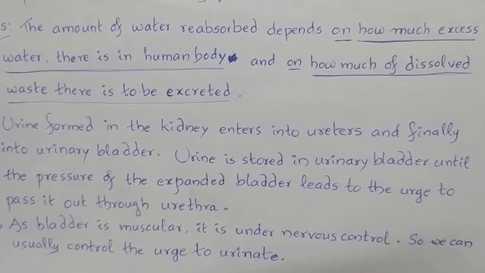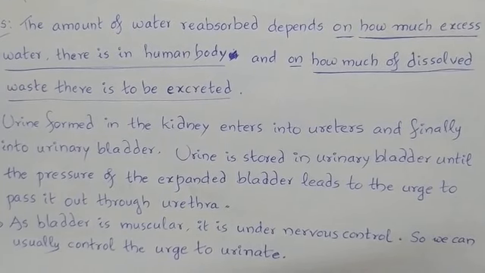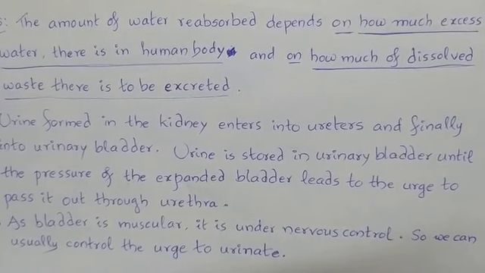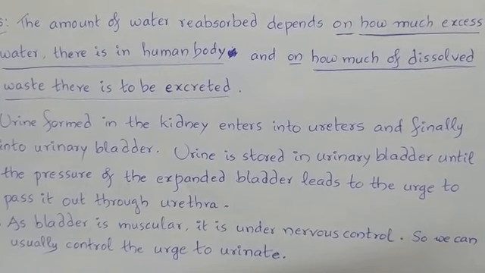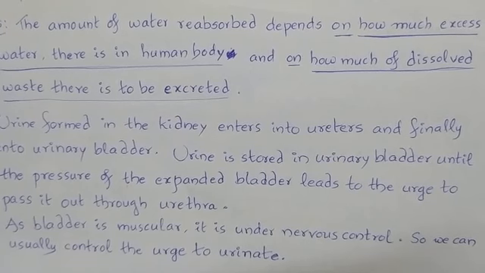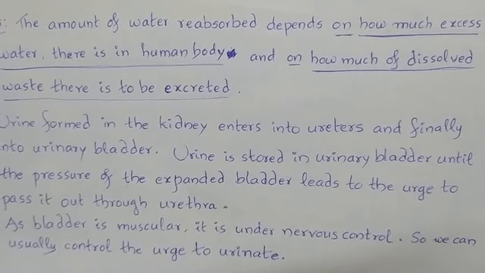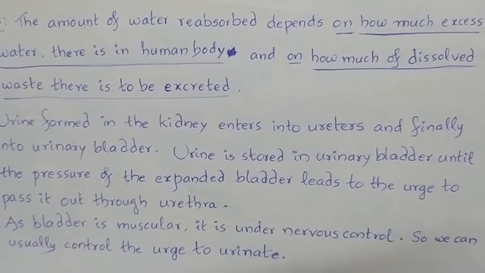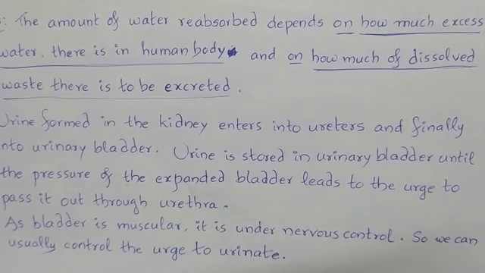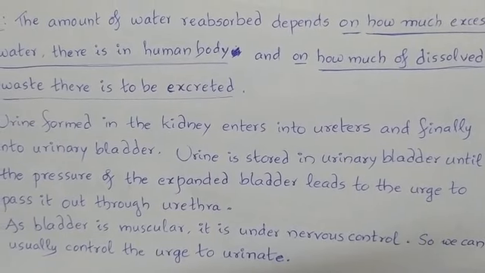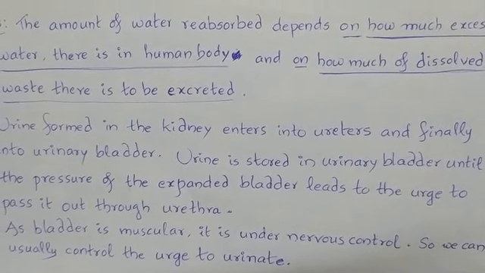Urine that is formed in the kidney enters into ureters and finally into the urinary bladder. Urine is stored in the urinary bladder until the pressure of the expanded bladder leads to the urge to pass it out through the urethra. As and when some drops enter the urinary bladder, we do not immediately go for urination.